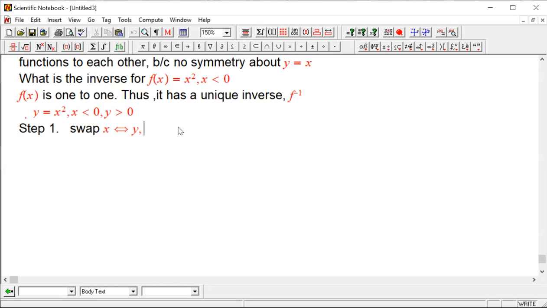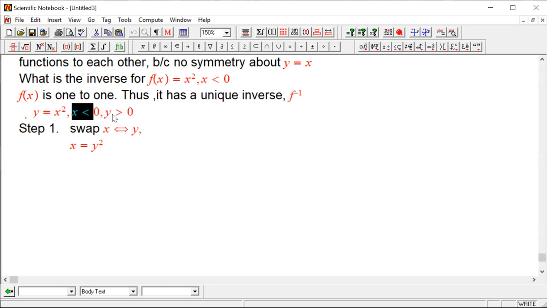We got x equals y squared. And this swap has great significance. What is it? Because domain and range will also be swapped.